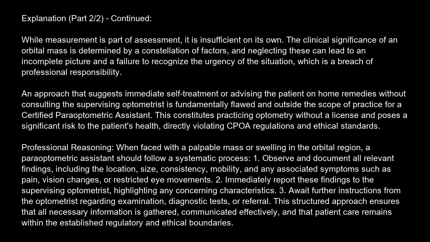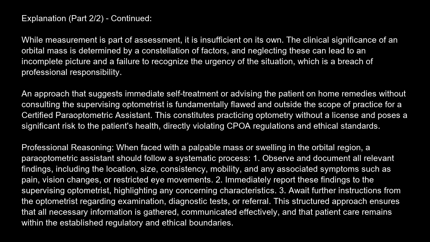When faced with a palpable mass or swelling in the orbital region, a paraoptometric assistant should follow a systematic process. 1. Observe and document all relevant findings, including the location, size, consistency, mobility, and any associated symptoms such as pain, vision changes, or restricted eye movements. 2.